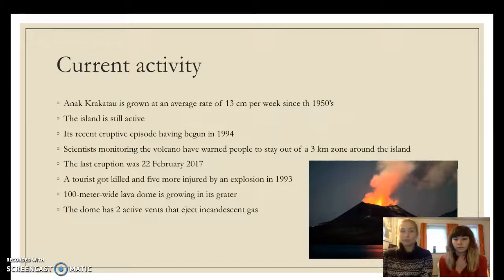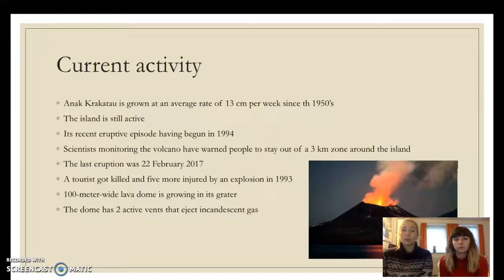Current activity. Anak Krakatau has grown at an average rate of 13 centimeters per week since the 1950s, and the island is still active. There have been minor eruptions since 1994, and a tourist got killed and 5 more injured by an explosion in 1993.